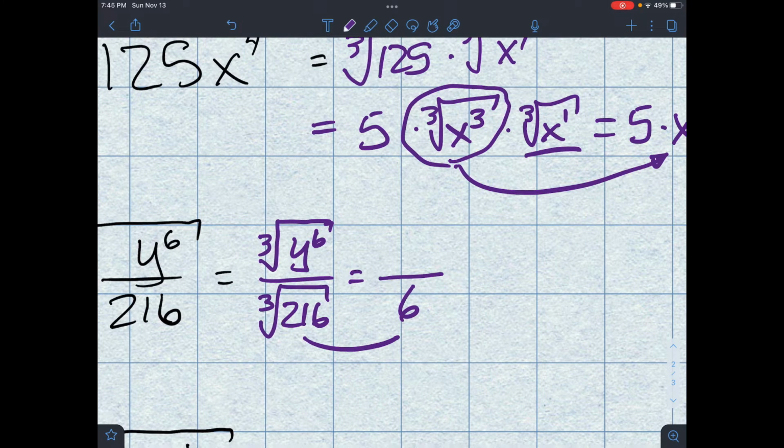And this top part, well, could I rewrite y to the 6th as y to the 3rd times y to the 3rd? And the answer is yes. You can write it as 2 of them. So I'm going to put a little radical sign around each of them. Let me clean that up a little bit so it looks nicer.